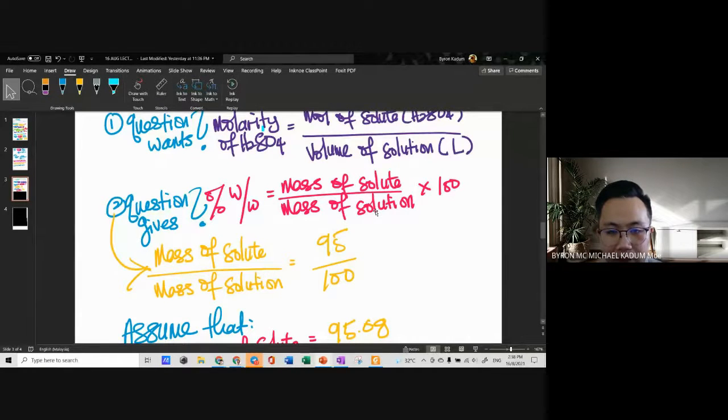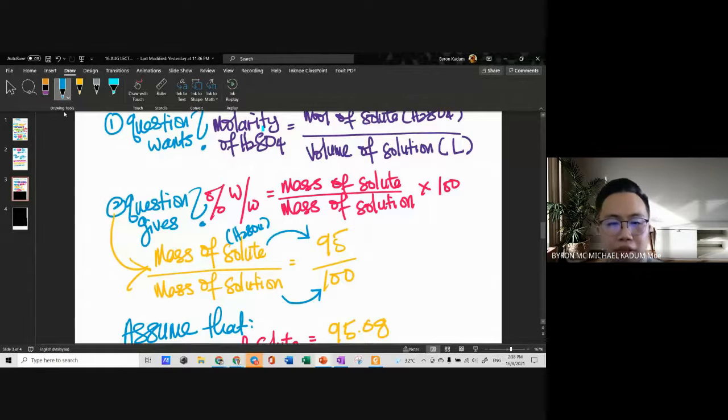This is the definition. Again, from the definition, we would be able to make a logical assumption. Okay, so you have mass of solute and mass of solution. Solute, we are talking about H2SO4.